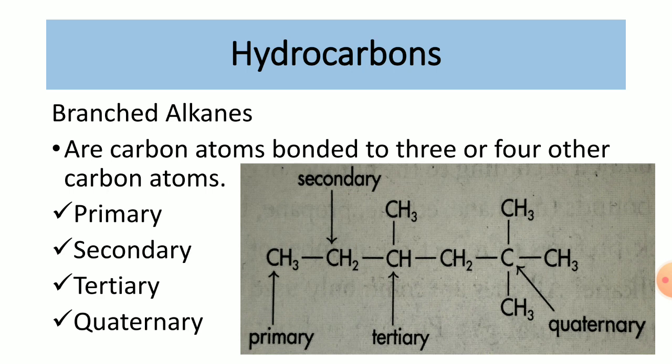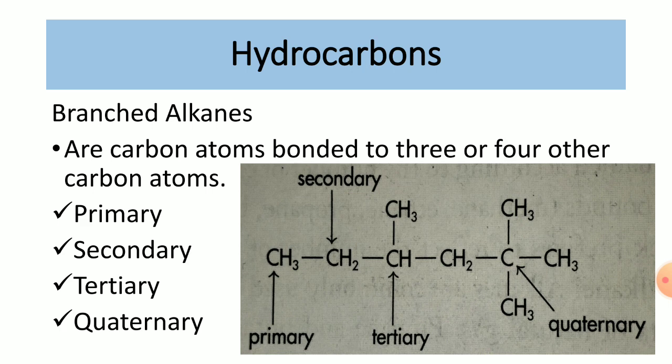So as we can see, CH2 is bonded to two carbon atoms. So one is the carbon on CH3 to its left, and another one is the carbon on CH to its right. So that is secondary.